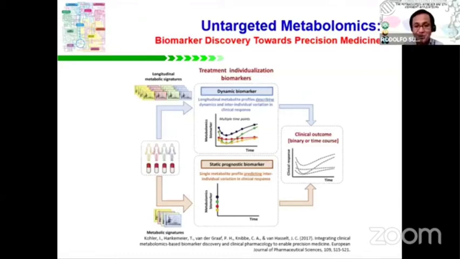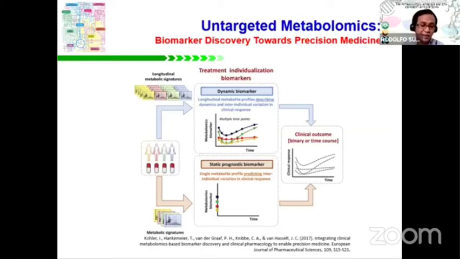So usually you start with a static biomarker discovery, and then you can proceed to dynamic biomarker discovery. Examples of dynamic biomarker discovery would be response to treatments, or how chemotherapeutic intervention influences certain metabolites over time.